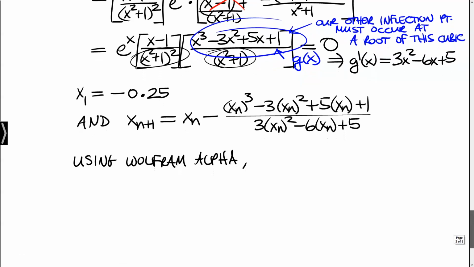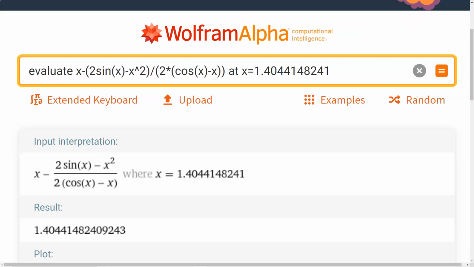Again, we're starting with minus 0.25, and then we have to change our function. On top was x cubed minus 3x squared plus 5x plus 1, and on the bottom, 3x squared minus 6x plus 5.